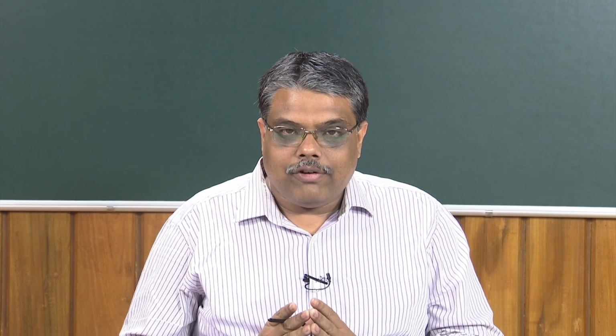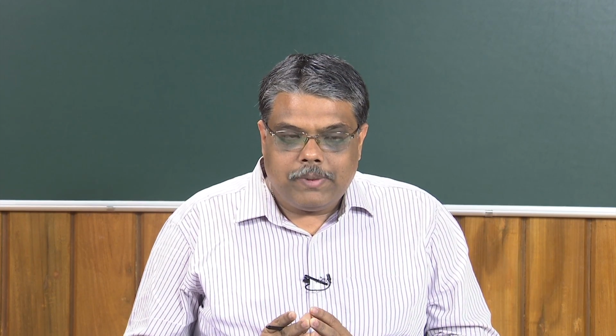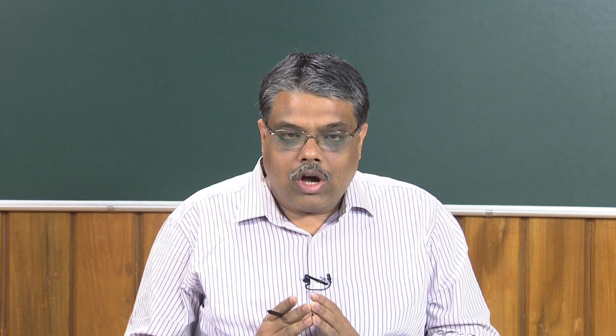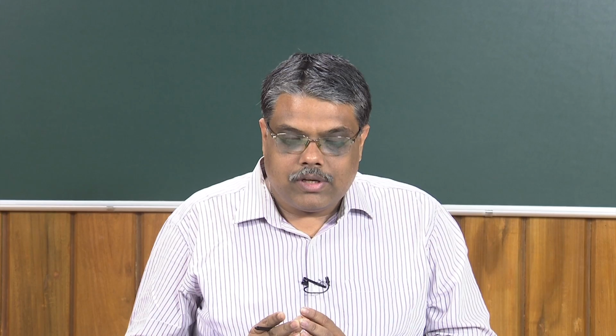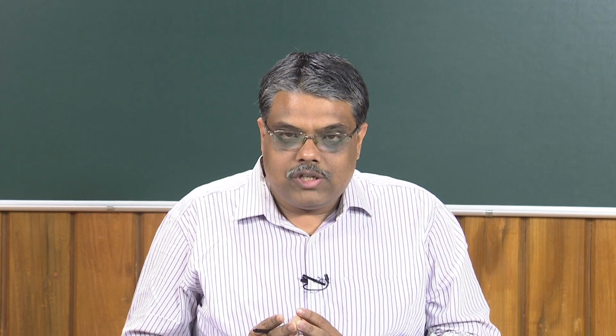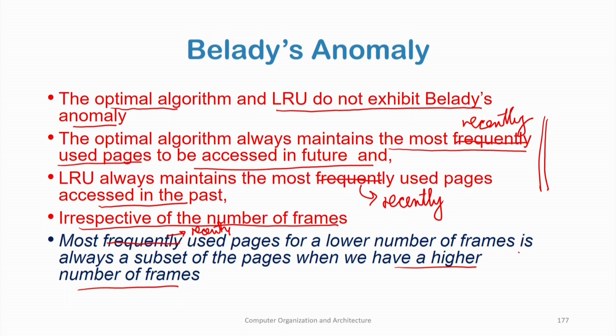The most recently used pages at that point in time for 4 frames will always be a superset of the most recently used pages if I have 3 frames. This is why Belady's anomaly is not there in the least recently used algorithm, neither is it there for the optimal algorithm.